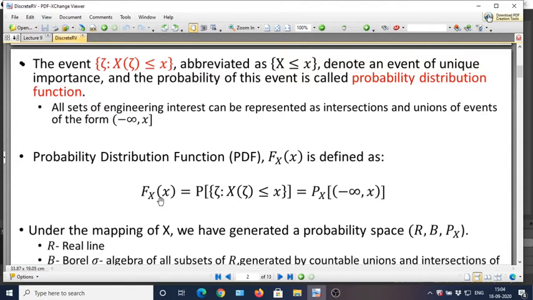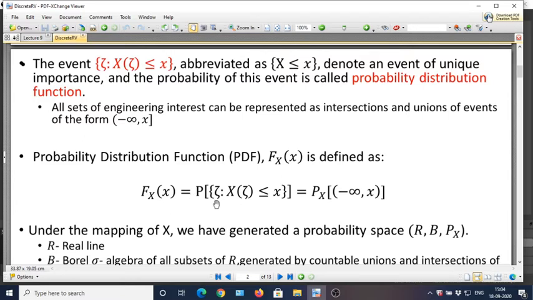So in this context, F means capital F and X is the random variable, denoted as capital X, and small x denotes the value taken by the random variable capital X.